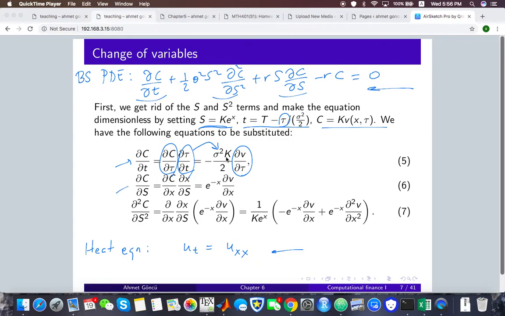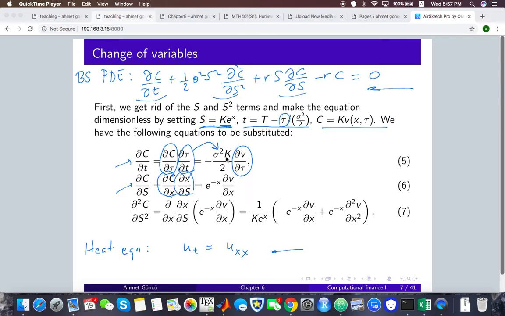And similarly, you can work out the partial derivative of the call option price with respect to the stock price S, and notice that now we are replacing S with K times e to the power x here. So that means we can use the partial derivative of the call option price with respect to x, right?